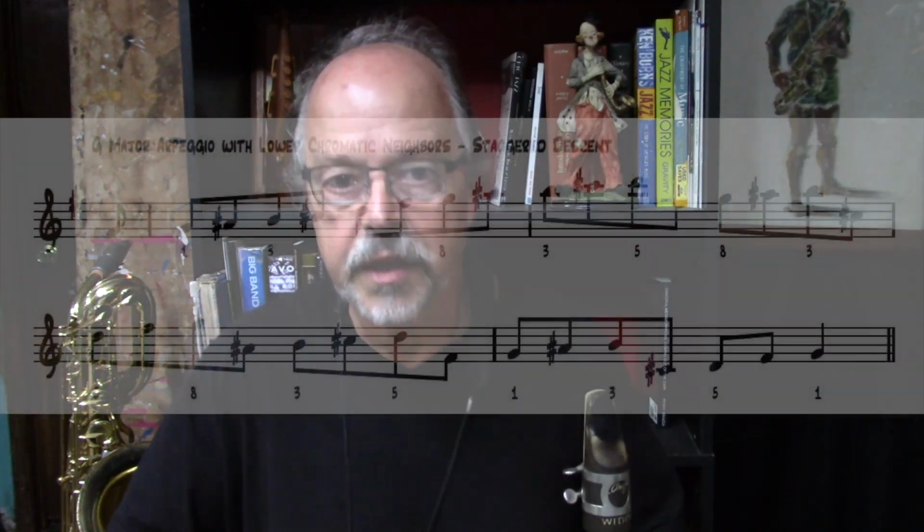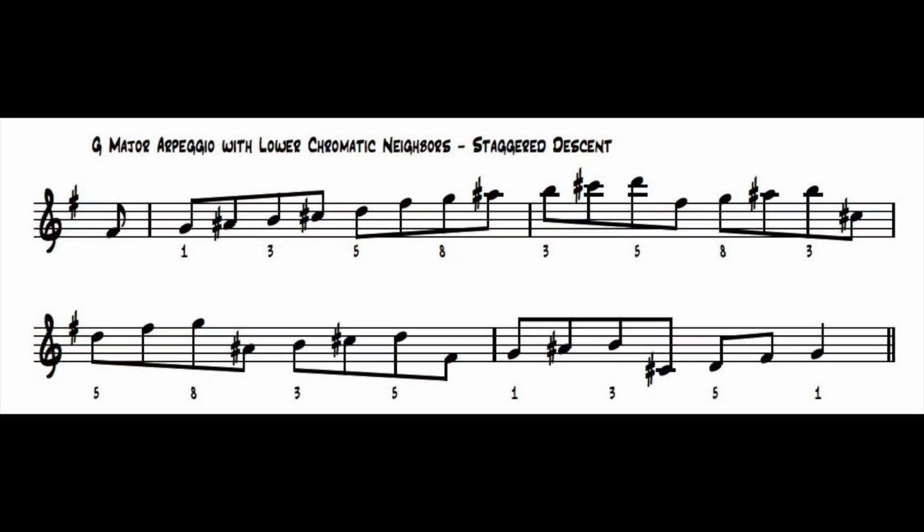Now, our first pattern is going to use the lower chromatic neighbors with each of the tones in that ascending and staggered descending arpeggio. So you can see here I've got the root, the third, the fifth, the 8, the 3, the 5, the descending arpeggio tones. I've got them all identified in the example, and the notes that precede each of these arpeggio or chord tones.